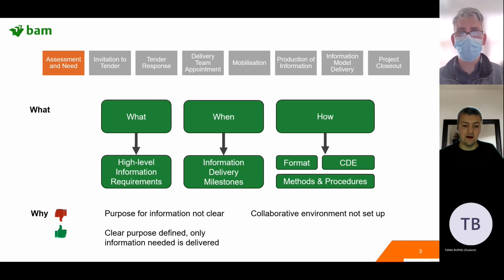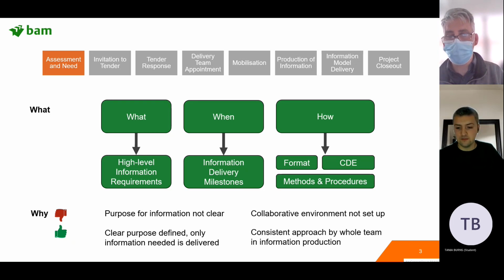They think it means they have to ask for a pile of information, whereas the mandate just requires them to go through this process to really decide what information they need. A client should never be asking for more than they need.